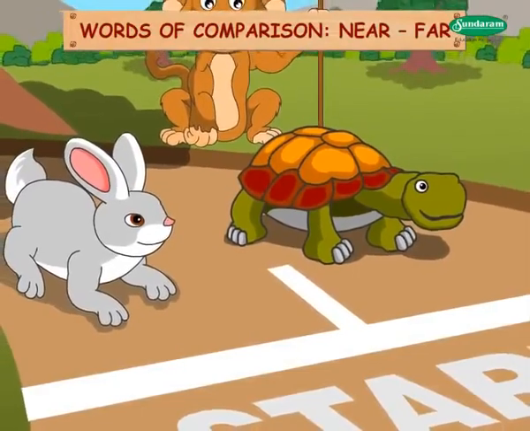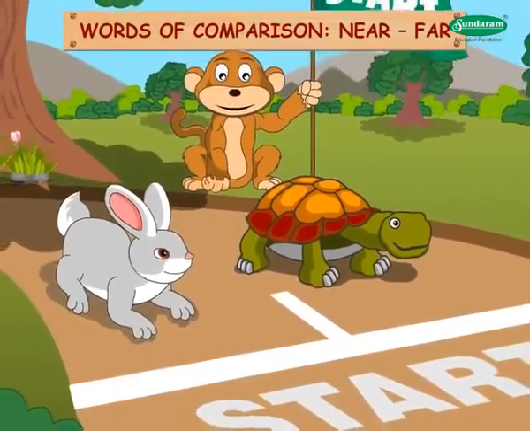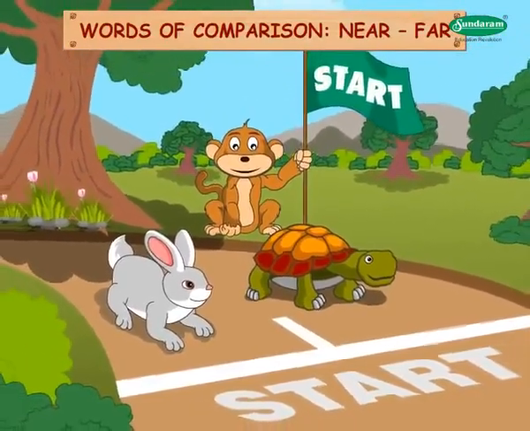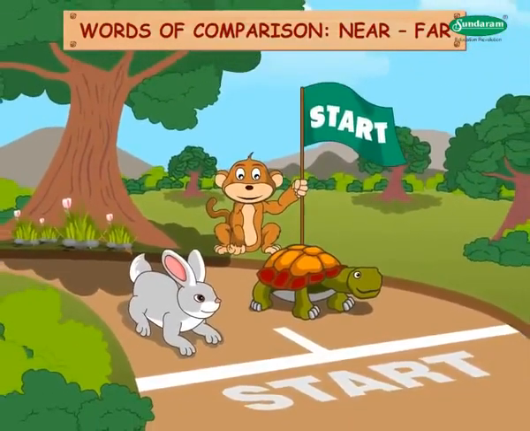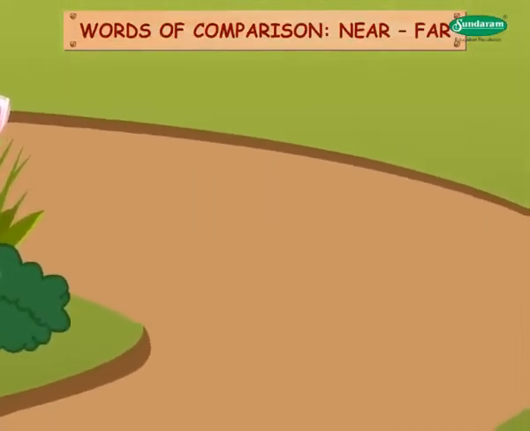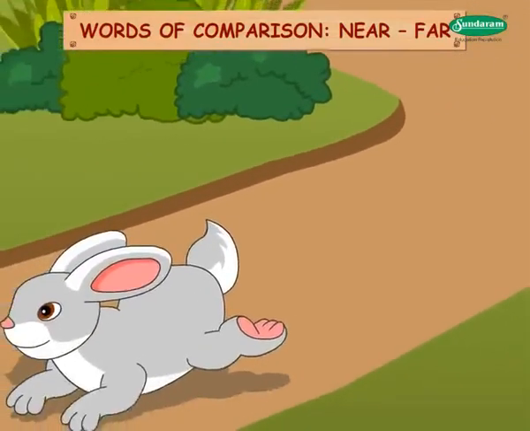The tortoise agreed. The start point was a tree near them, and the finish point was a tree far away from them. As they started the race, the hare picked up speed and was soon far away from the tortoise.